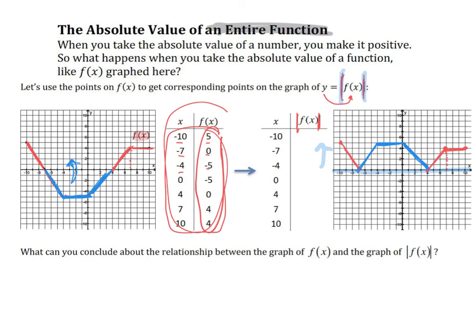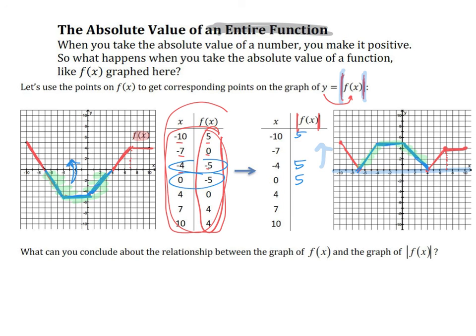So basically I took this section right here and I reflected it up over the x-axis so that every y value would be positive. So at 0 it's going to be positive 5, at negative 4 it's going to be positive 5.